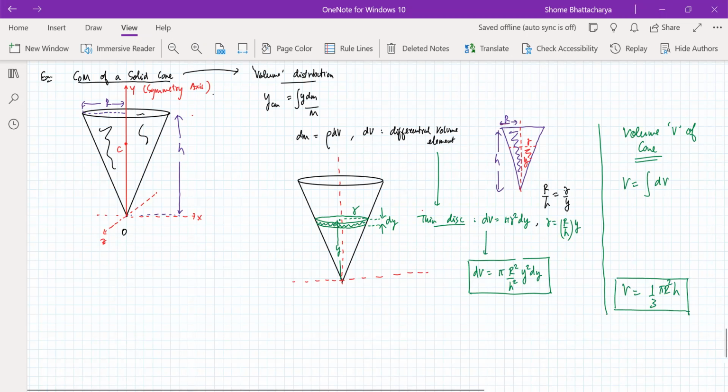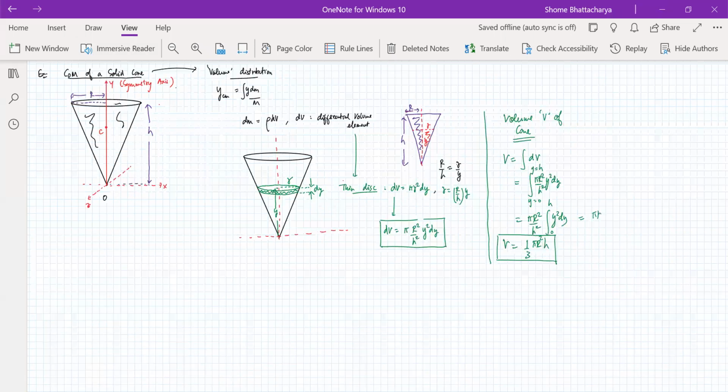This formula can be shown from here. You can just integrate for all the discs, and that gives you this.